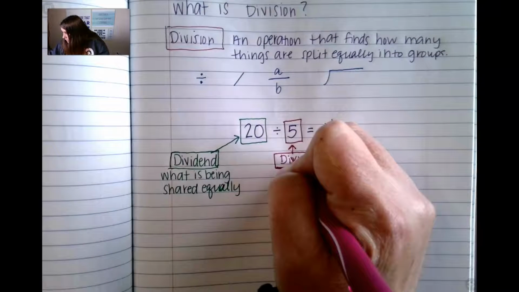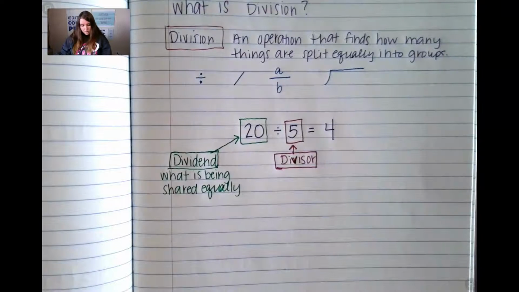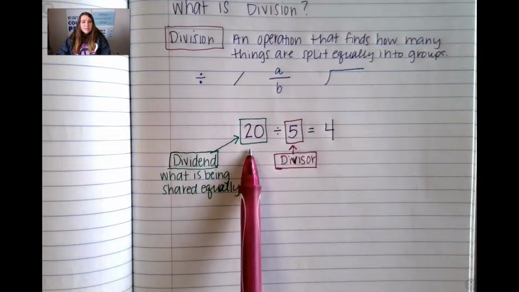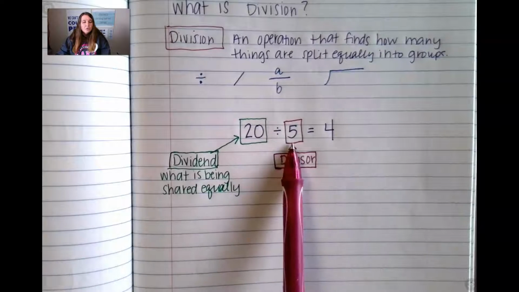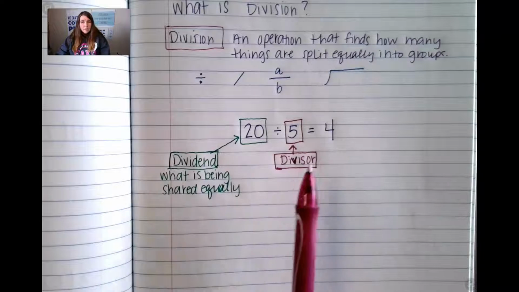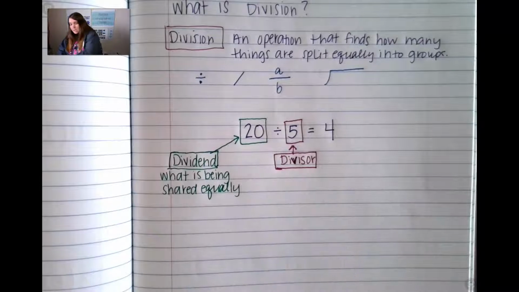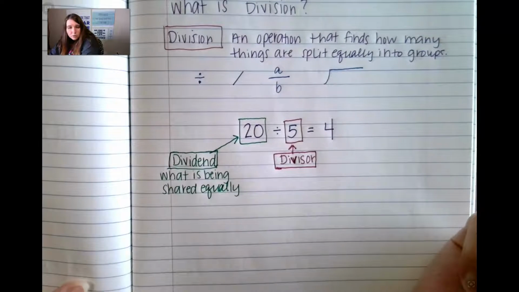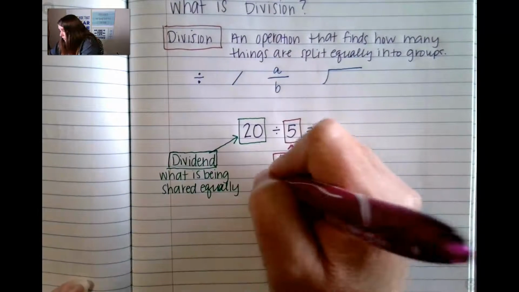That's a V. Sorry. The divisor. The divisor is how many groups it needs to be shared into, or like how many people it's being shared among. So I have 20 things and it's being split into 5 equal groups or 5 equal parts. So the divisor says how many times or how many groups we need to split it into.